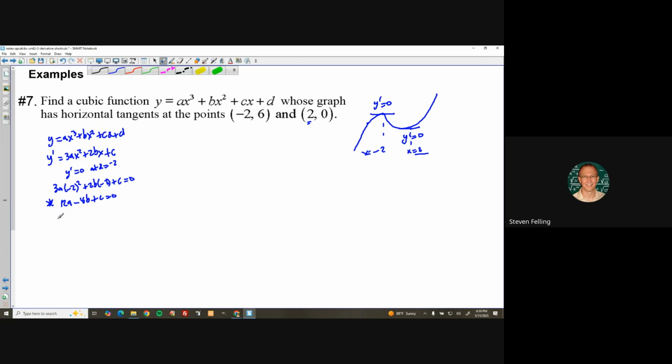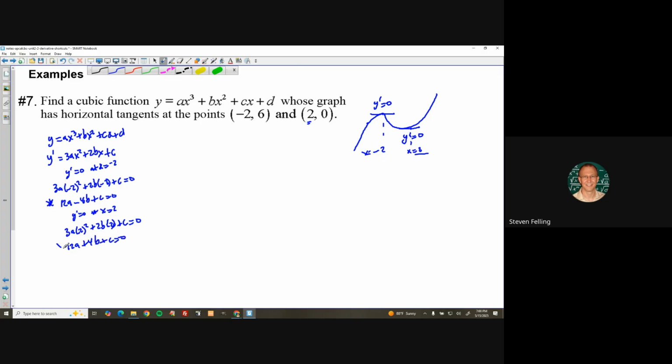So we can do this y prime equals 0 at x is positive 2 by plugging a 2 in here for the x in the y prime. So 3 times a times 2 squared plus 2 times b times positive 2 plus c. That also has to give me a derivative of 0, so that's 4 times 3 is 12a plus, this time, positive 4b plus c is 0.